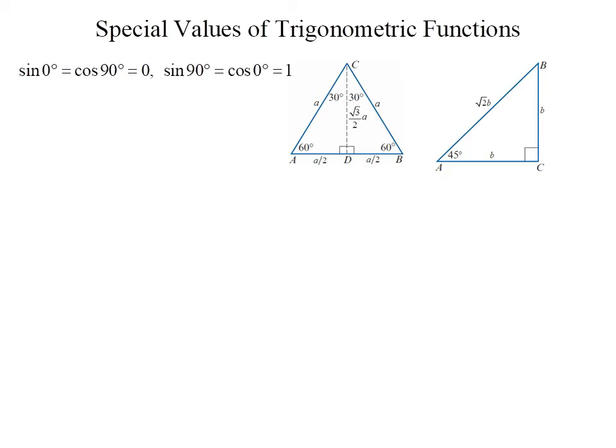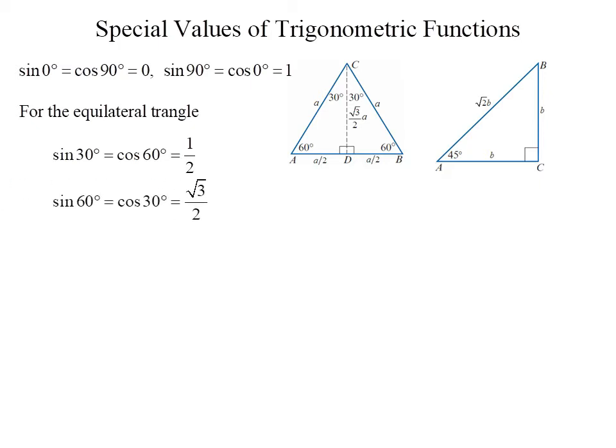After drawing the vertical line from the vertex C perpendicular to AB, we have the line CD which bisects the line AB at D. In triangle BCD, sine 30 degrees equals cosine 60 degrees equals A over 2 divided by A, which equals half. In a similar manner, sine 60 degrees equals cosine 30 degrees equals square root 3 A over 2 divided by A, which equals square root 3 over 2.